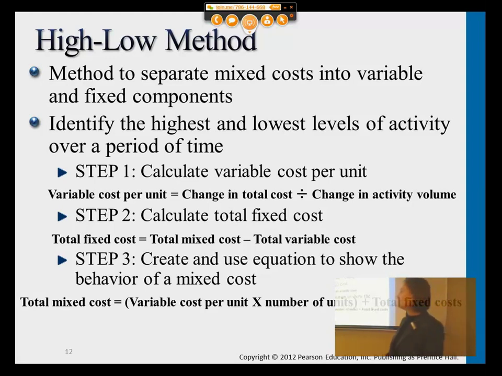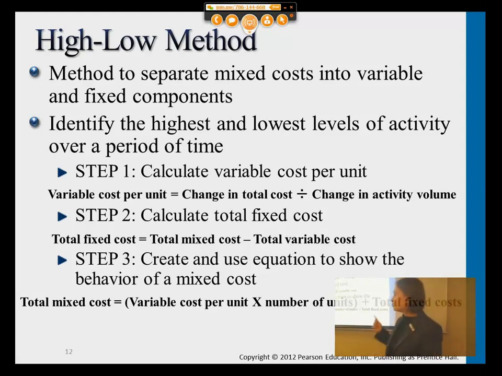A high-low method kind of speaks for itself. I'm going to take some number that's the highest and some number that's the lowest, and then do some computations and get a fixed and a variable cost. Let's look in detail. This method allows us to distinguish which cost is which, but it's not as precise as, let's say, regression.